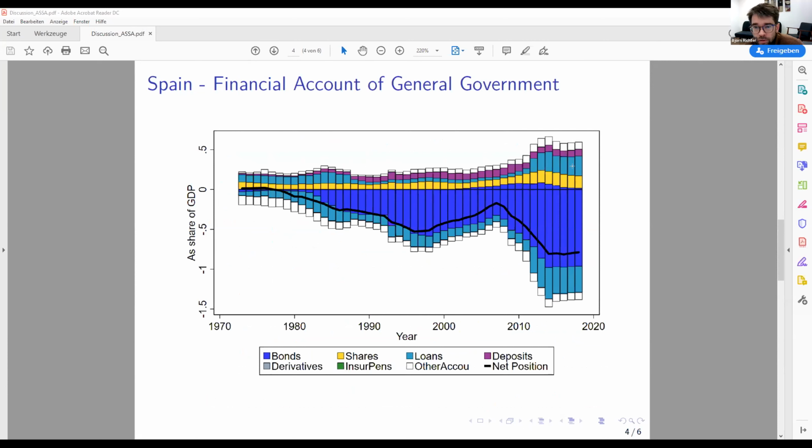In light blue on the top, you see the assets that are loans by the Spanish government. It looks small here, but it's going up to almost 20% of GDP. I was just interested whether something like this would be included in your data, or whether this is lending by the Spanish government to other entities than households and firms, and as a result would not show up in the data. Again, just something to think about when creating these data series, and to be careful what to include and what not to include.